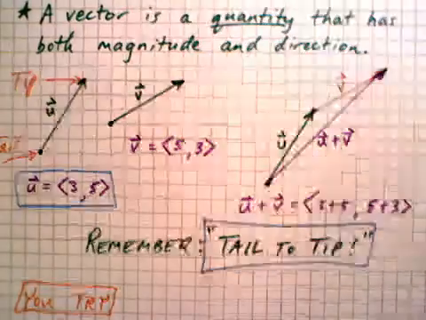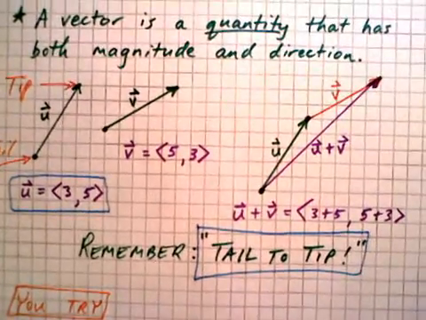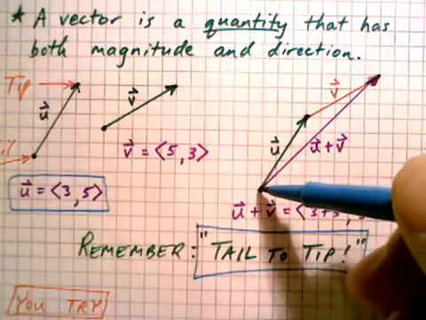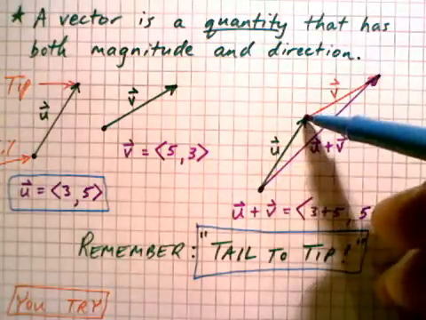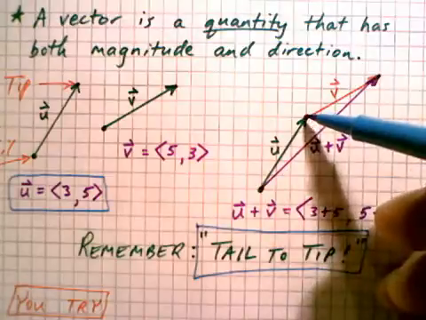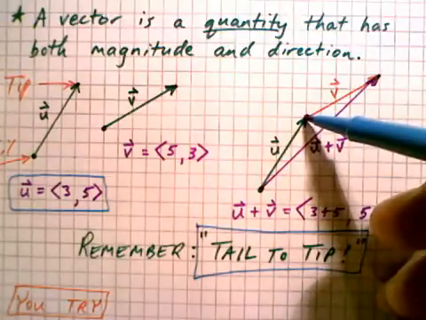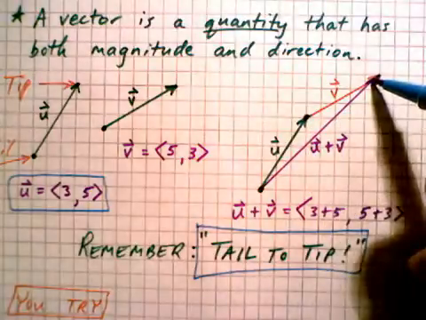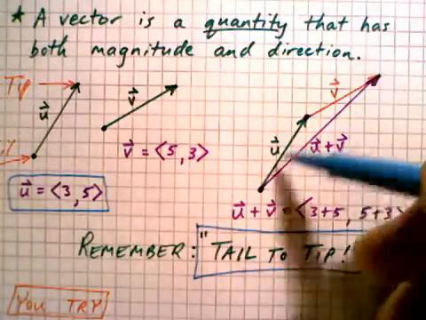And if you think about this in terms of something that would make sense to you, if an airplane is flying, let's say vector u represents the speed and direction of an airplane, or anything in flight, let's say it's 100 miles an hour. And then you can see vector v actually does have the same length as vector u.